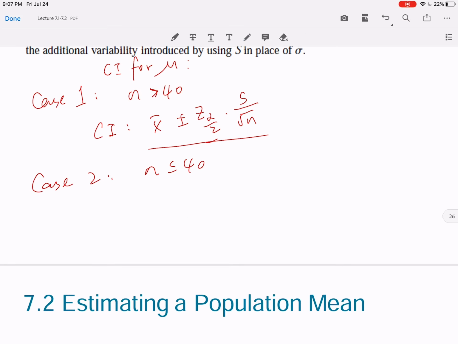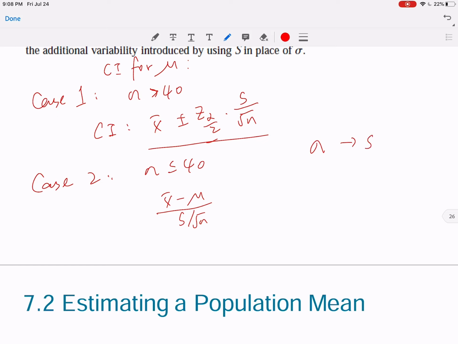If n is less than or equal to 40, first of all, we have that once again, the process of standardizing would be x bar minus mu divided by the sample standard deviation over square root of n, right? So if n is not large enough, we cannot replace sigma by little s here because they are not equal.